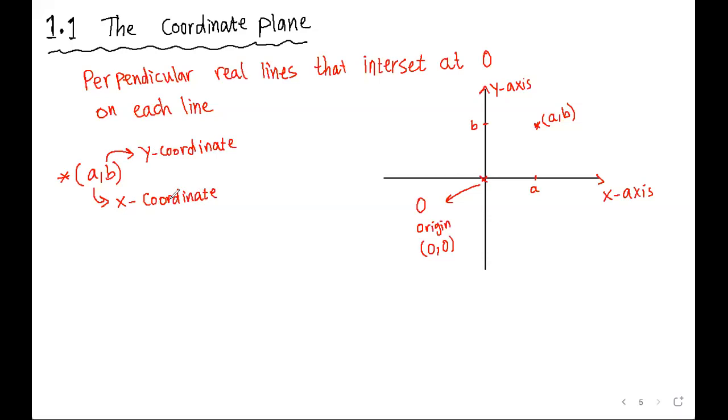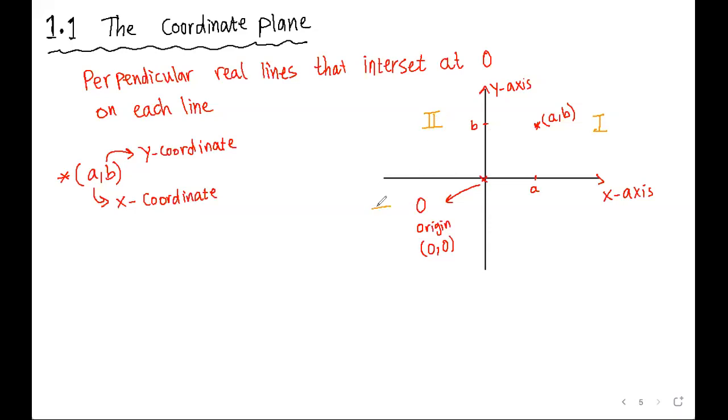Okay. The two lines, the x-axis and the y-axis, divide the plane into 4 quadrants. The first quadrant here, this is my first quadrant. This is my second quadrant.